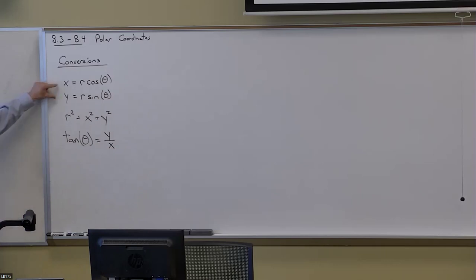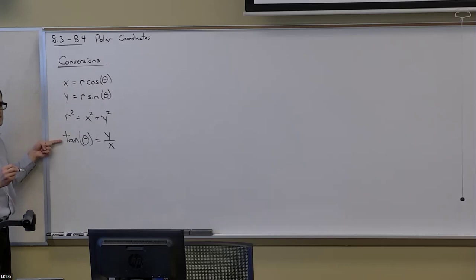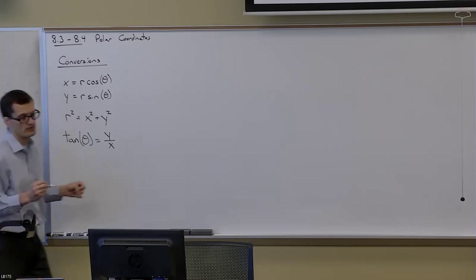Okay. These two, if you're given R and theta, these are the ones used to find X and Y. If you're given X and Y and asked to find R and theta, we'll use these two. And remember, the interesting thing about this one is that if you are given X and Y, if you're using this and finding inverse tan, remember inverse tan gives you an angle in either quadrant 1 or quadrant 4.